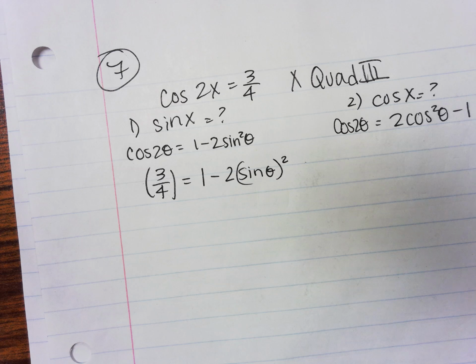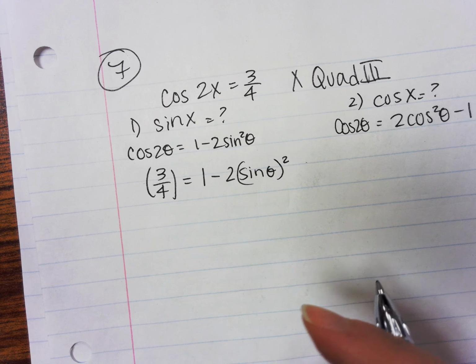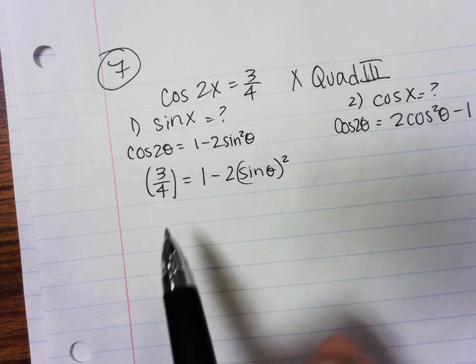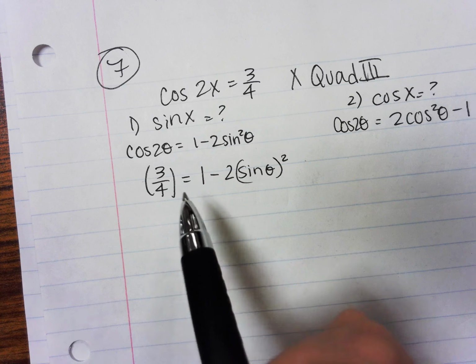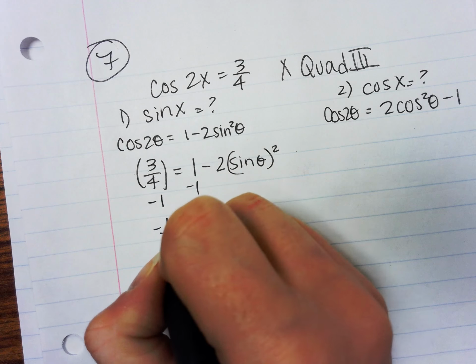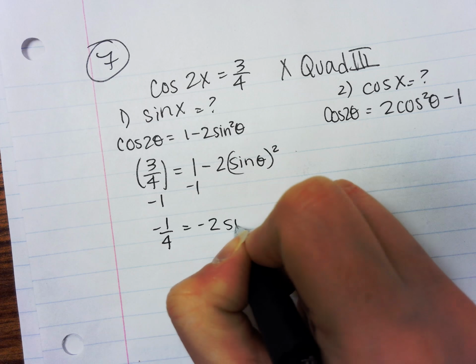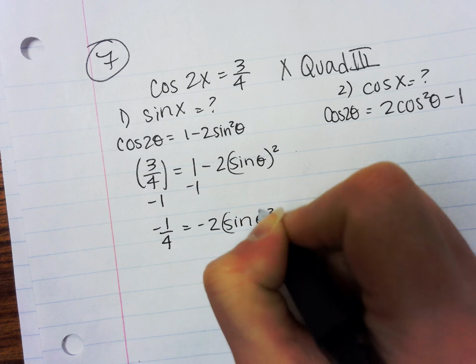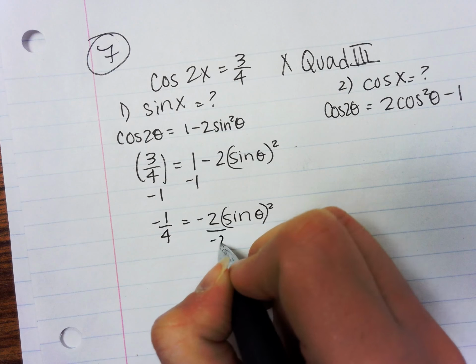Okay. Well, when we're solving this, we're just solving it like any normal equation. So the first thing we're going to do is subtract 1 on both sides. So we get negative 1/4 equals negative 2 sine squared theta. Then we would divide by negative 2.